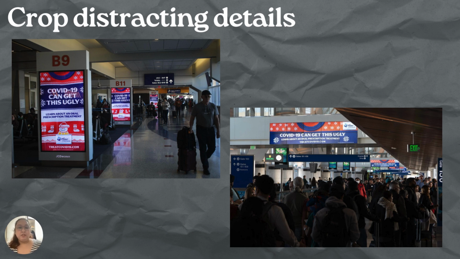But the photo on the left is less distracting than the one on the right. So we should also review photos and decide on what to focus on, cropping elements that may distract the readers or audience from the main subject.